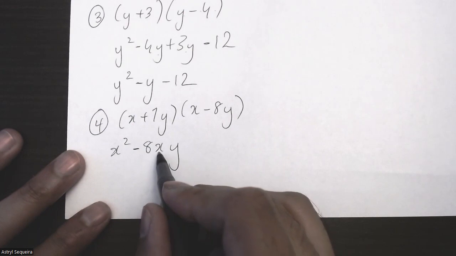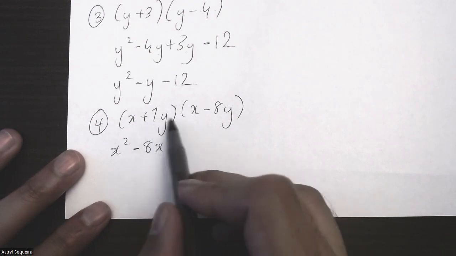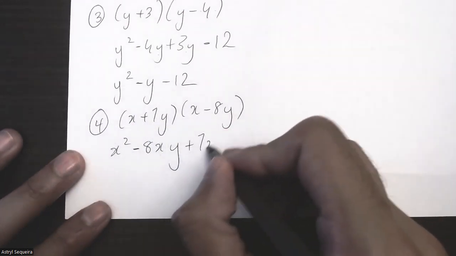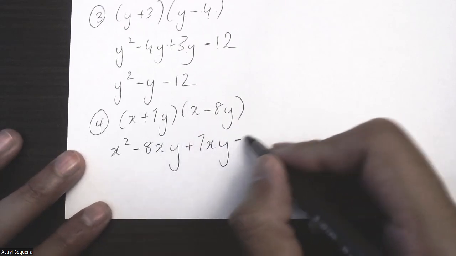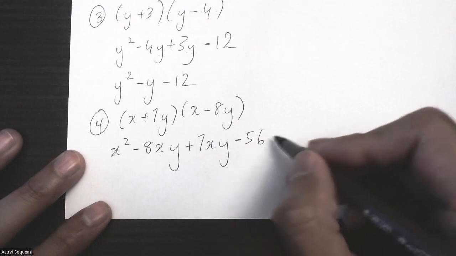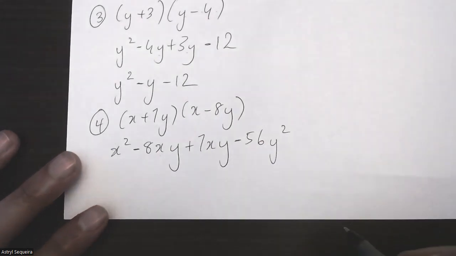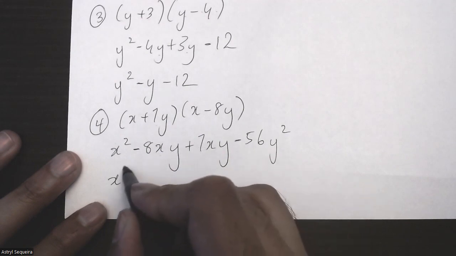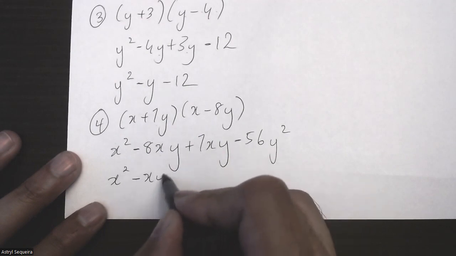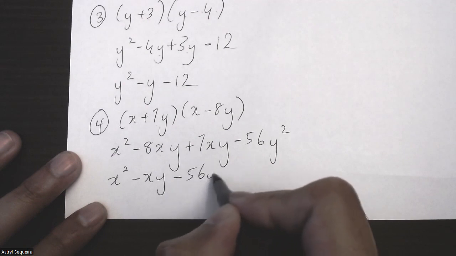You want to always put the earlier letter first. 7y times x is plus 7xy, and then 7y times negative 8y is negative 56y squared. Then I'll combine the two like terms in the middle. Negative 8 plus 7 is just negative 1. So just negative xy minus 56y squared.